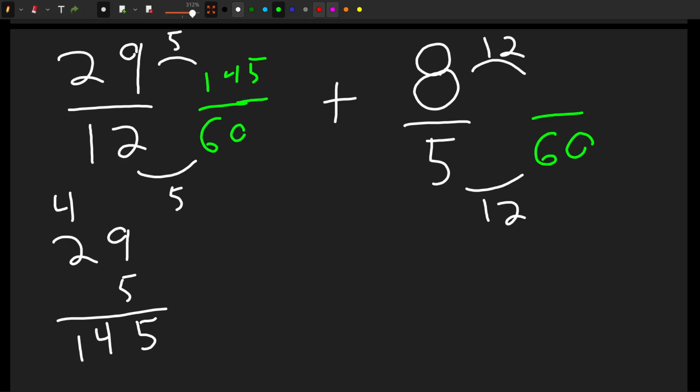And similarly, on this problem, I'm going to have 12 times 8, or 8 times 12, either way works. 8 times 2 is 16, carry the 1, I get 96.